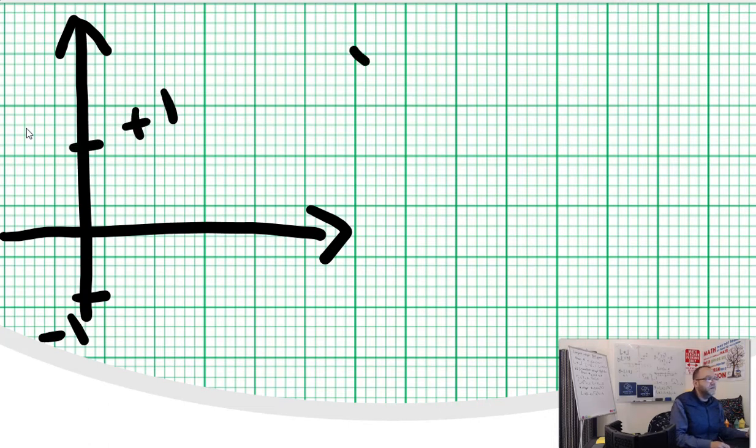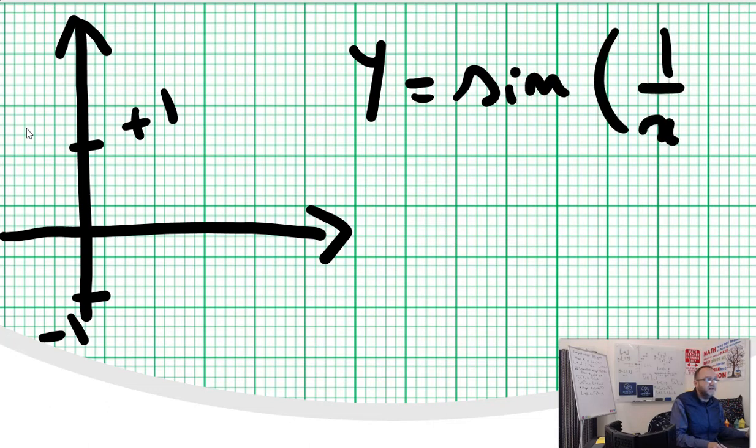Now, if you have something like y equals sine of 1 over x, you're still between -1 and +1, but the period has changed. So the function is going to move up and down faster. We can't really find a value for it to head towards, because it doesn't converge to a value.